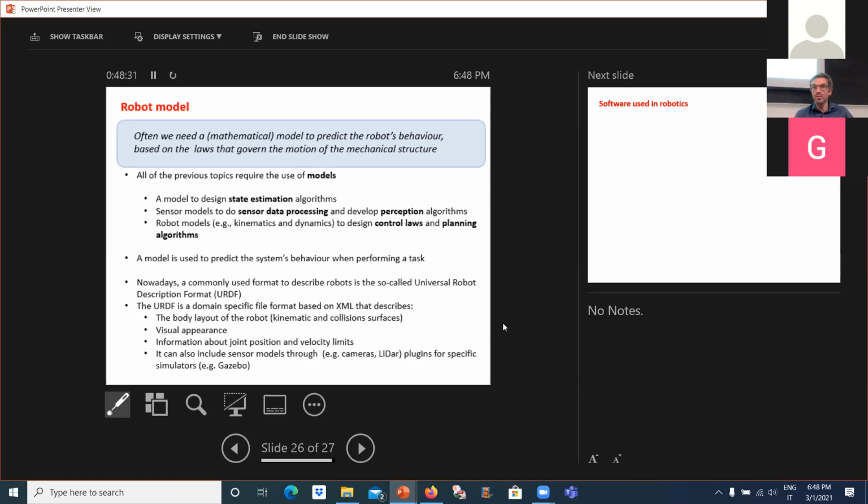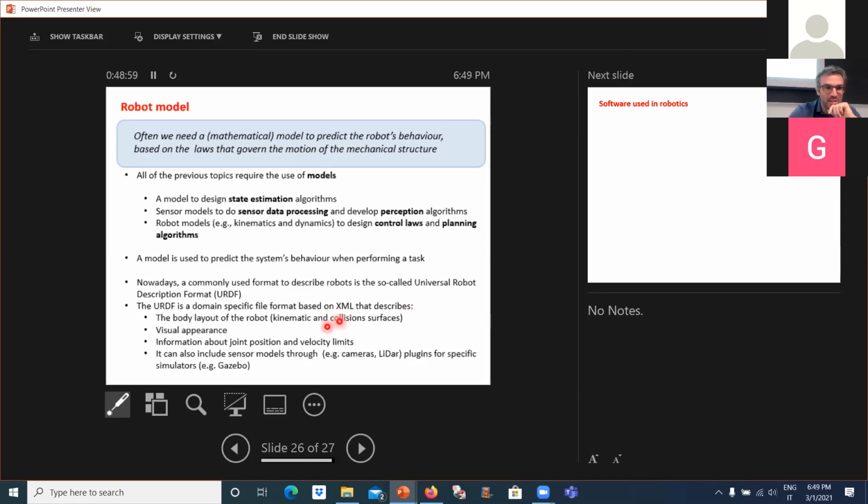And for the UR5 robot, you have the URDF model, and you can use that to simulate the behavior of the robot. So in the lab session, you will have the URDF model of the UR5 robot, and you will simulate it. And if you are interested in doing a project on that, you can ask Luigi Palopoli to work with the real robot that you have here.